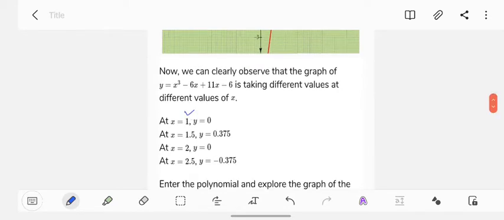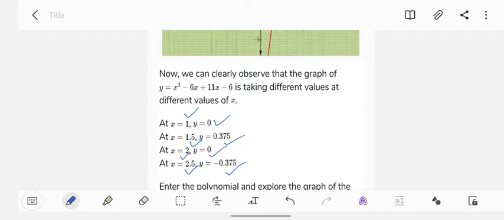At x equals 1, y gives you 0. At x equals 1.5, y will give you 0.375. At x equals 2, y equals 0. And at x equals 2.5, y will be minus 0.375. So depending upon the value of x, you will get the value of y.